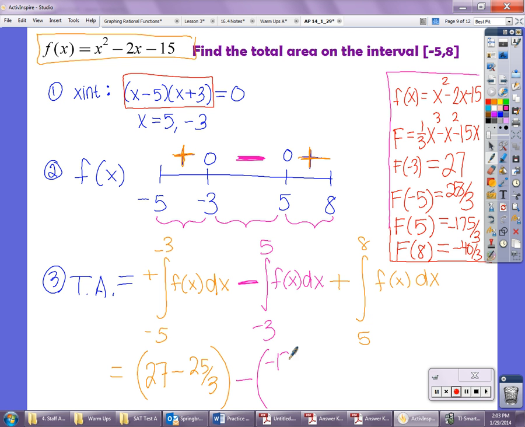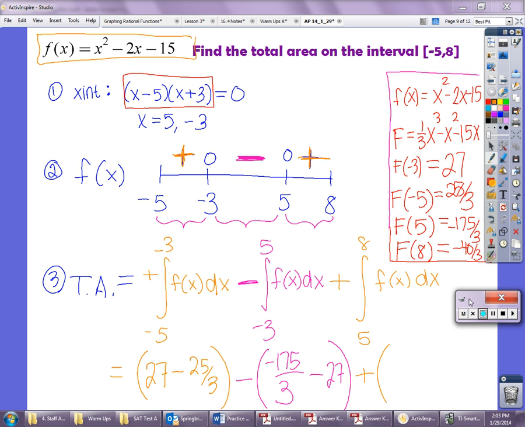F of 5 is -175/3, minus f of -3, which is 27. And then in orange, the last one would be f of 8, which is -40/3. And then minus f of 5, which is -175/3. And then when you add that all together, that would be your answer for your total area.